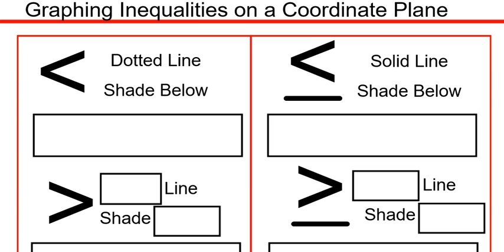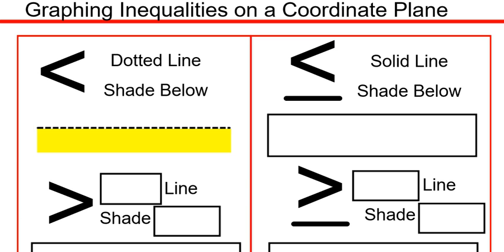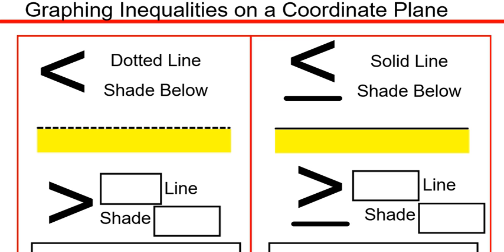So whenever I have a less than sign, I'm going to shade underneath the line. So that's what that is going to look like if it's a less than symbol. And then if it's less than or equal to, of course, it will have the solid line instead of the dashed line.